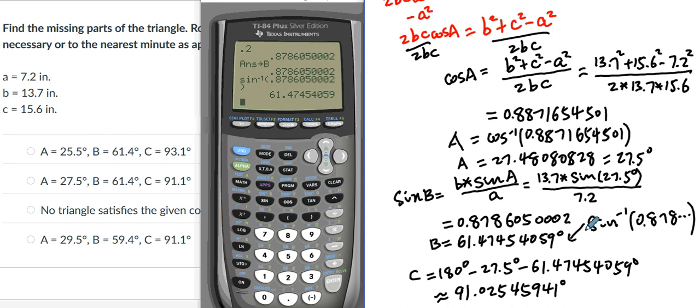This error is because this value is rough, because we rounded earlier. 27.5 probably should be replaced by 27.48080828. Then you should have similar angles.